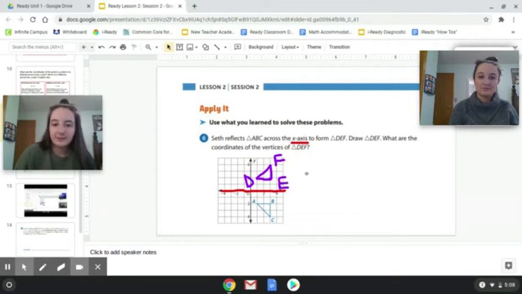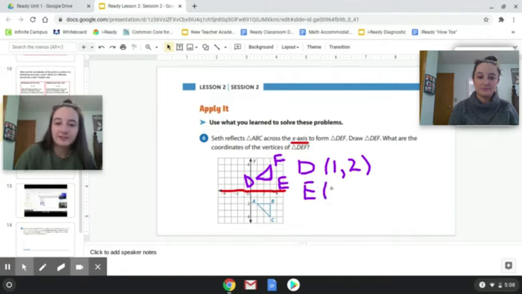From here we need to get the coordinates. So for D, remember x value always comes first. So we have 1, and then it's up 2. And then for E, remember x value always comes first, which is at point 3.